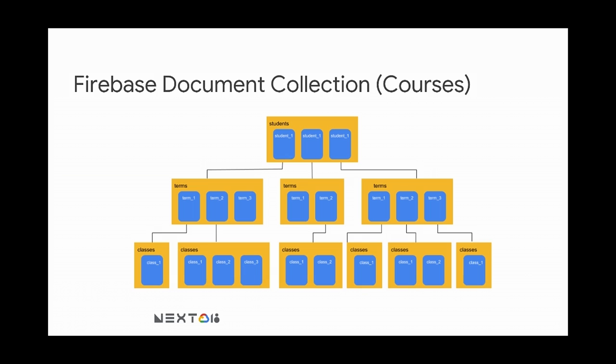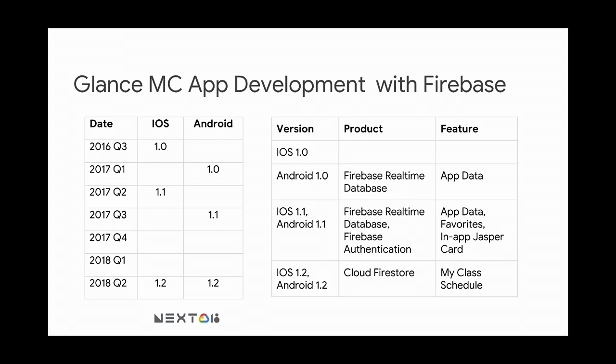A lot went into the thinking as to how they wanted to organize this. The good part was, because we have an iOS developer and an Android developer, the two of them sort of vet things out amongst themselves and eventually choose the right way to approach it. This shows how the app was developed over time. We started out with iOS, and eventually we started the Android one and played a little bit of catch up.